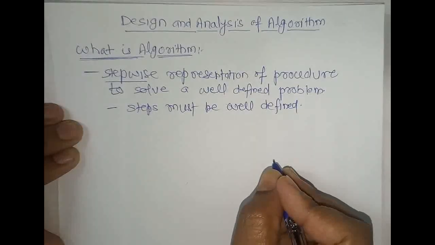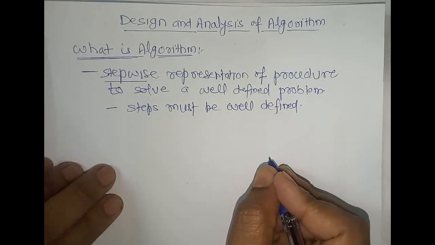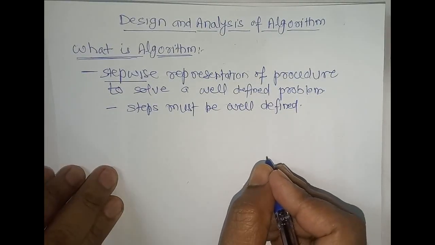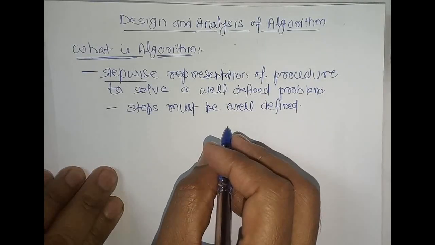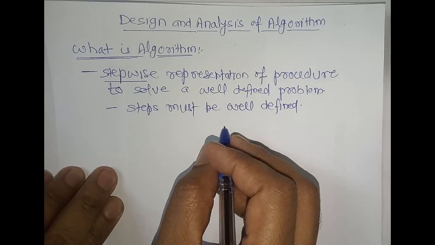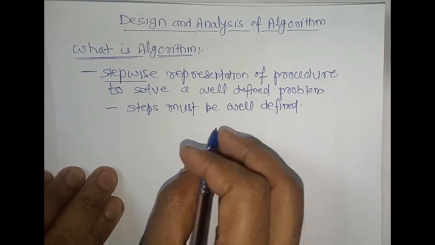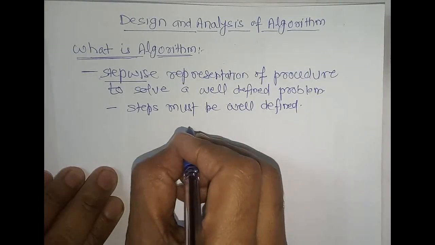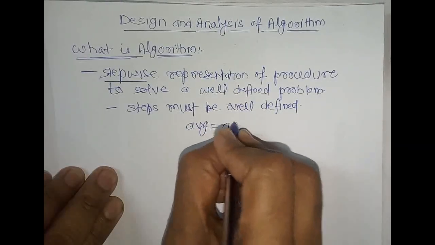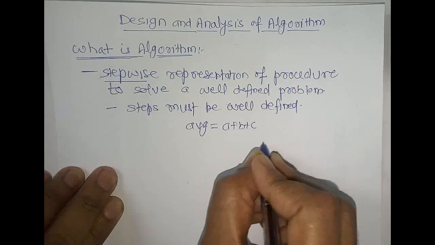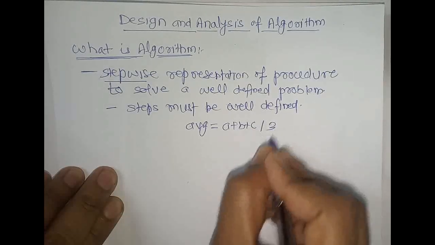So what is the meaning of well defined steps? For this, take an example. Suppose we want to write a step to calculate average of three numbers. So we can write this step like average equal to a plus b plus c divided by 3.